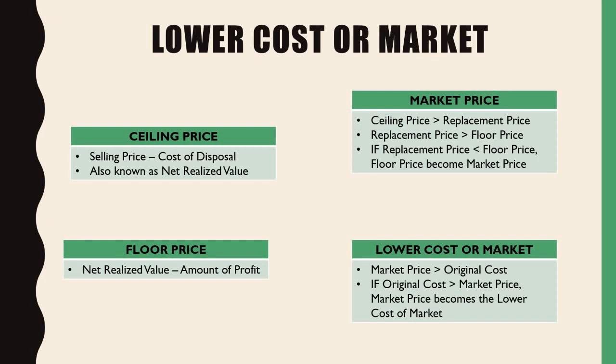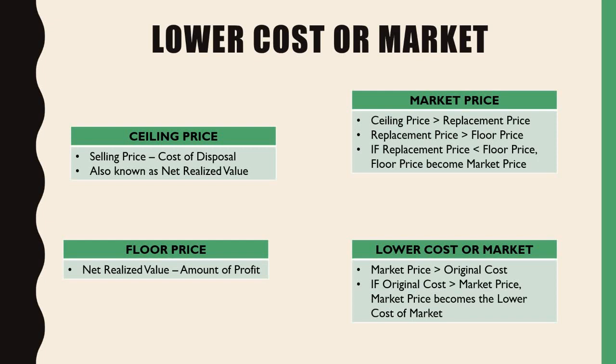Is the inventory asset going to be lower? Or rather, which one's lower, my original cost or my market cost, okay? Now, let me tell you this ahead of time. Ceiling price and floor price are formulas. Yes, you have to calculate.